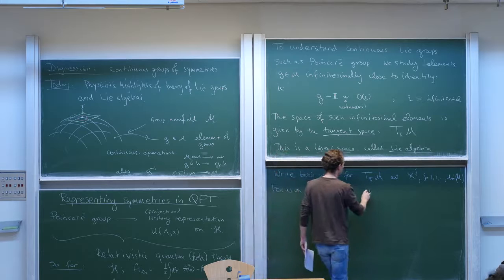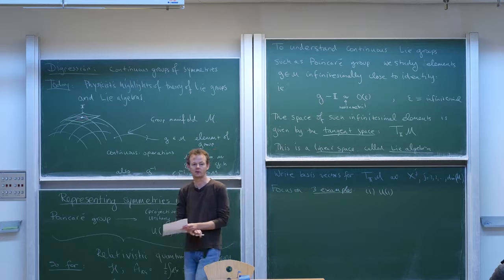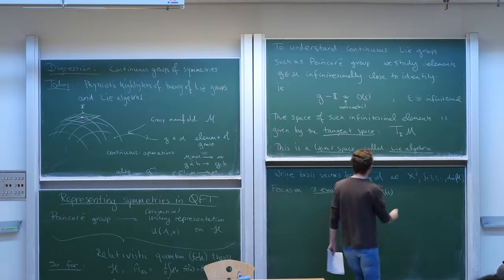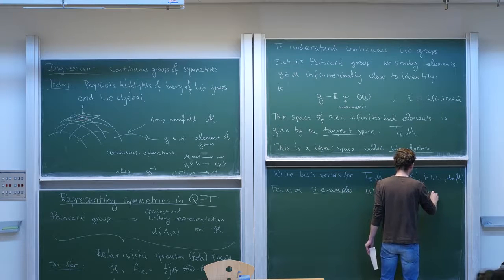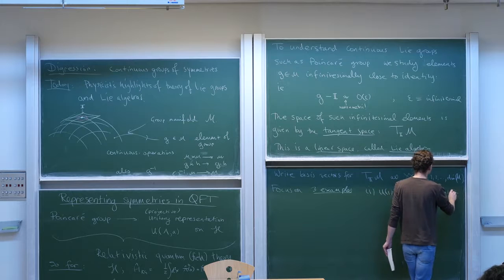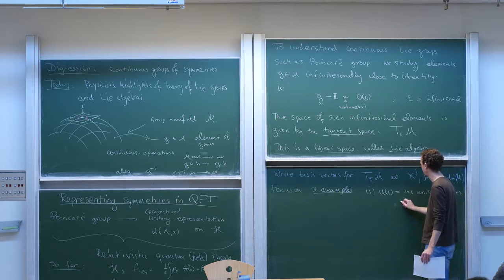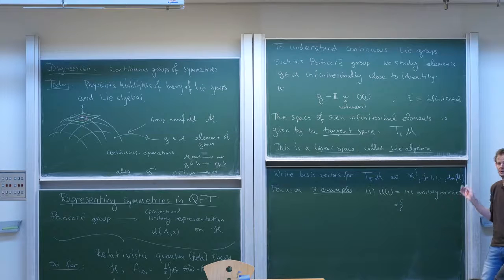So the first one is the group U(1), the group of 1 by 1 unitary complex matrices. The group of 1 by 1 complex matrices is pretty simple. It's just the complex numbers. And the unitarity condition shows you that it's not just any complex number, it's a complex number with norm equal to 1.